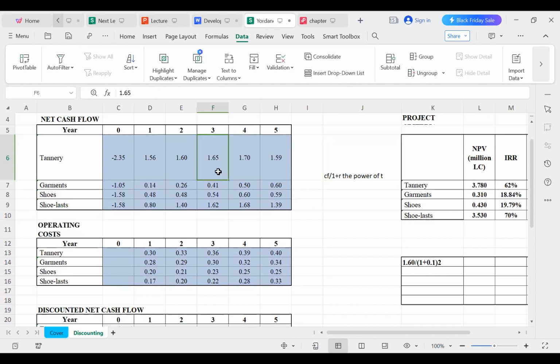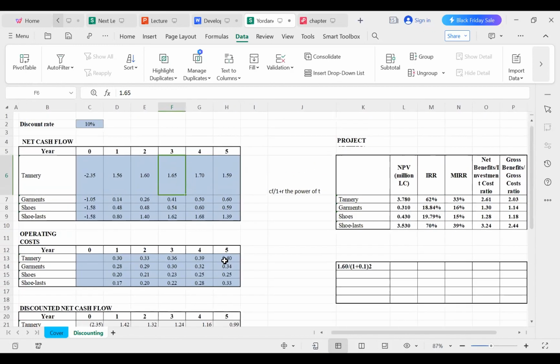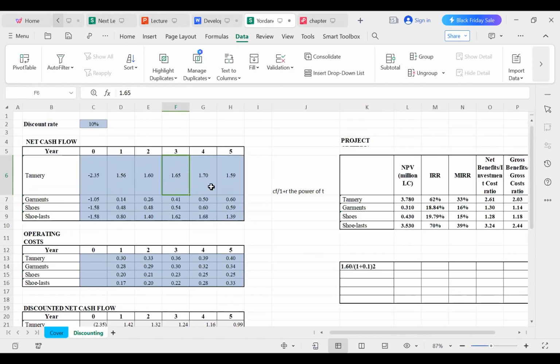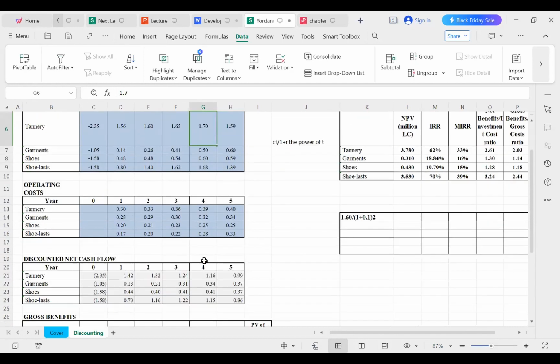What if we do it for the third year? We put 1.65 divided by 1 plus 0.1. Where did we get the 0.1? The 0.1 is given already, which means the 10%, then the power of 3, because we're doing it for the third year. Then we do the same thing for the fourth year and fifth year. That's how we get the discounted cash flow on this table.